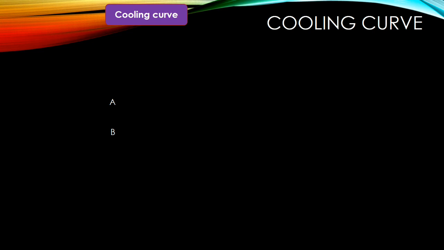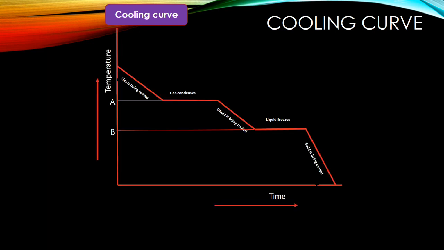Now, what would this look like when we decide to reverse the process by cooling? The temperature of the substance would decrease until it has changed back to the solid state. At first, the temperature decreases until it gets to point A, where the gas begins to condense.